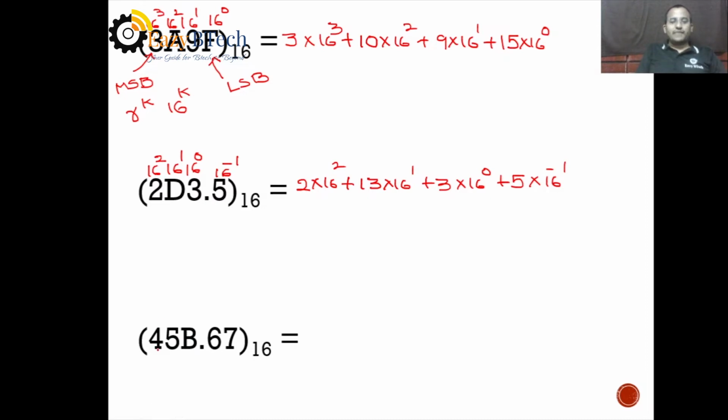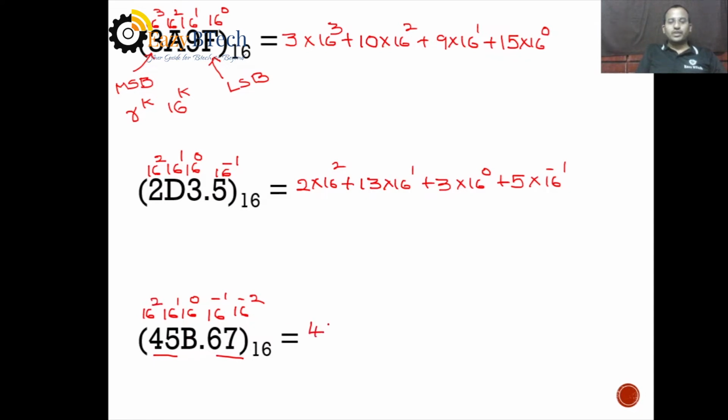So this is also having the integer part as well as the fractional part. Fractional part will have negative weight 16 power minus 1, 16 power minus 2, and for the integer part we have to write positive weight 16 power 0, 16 power 1 and 16 power 2. Now multiply the respective digit with weights.